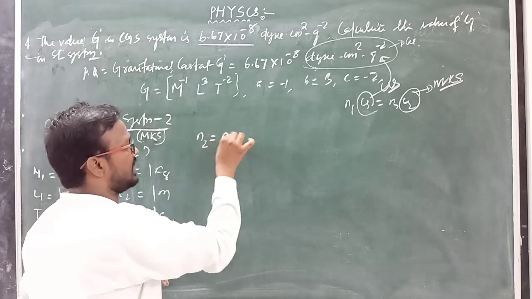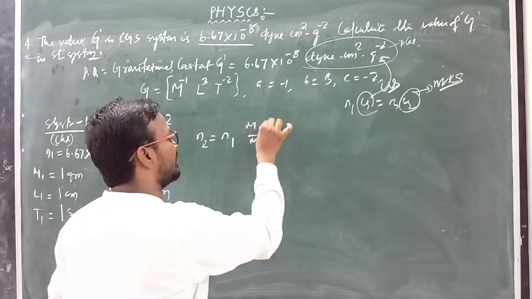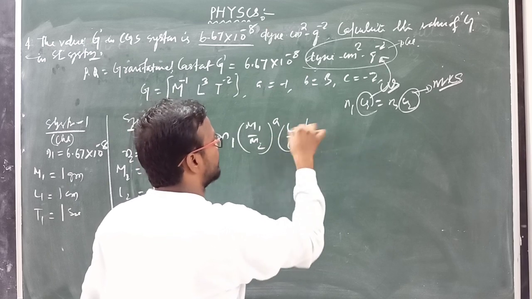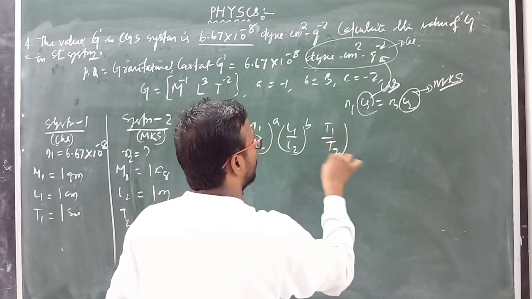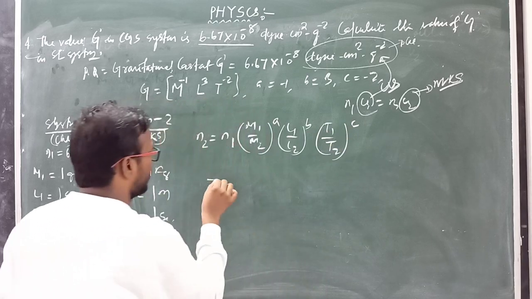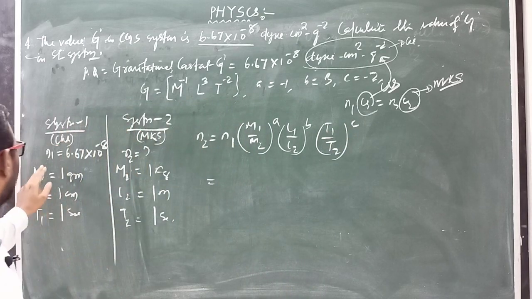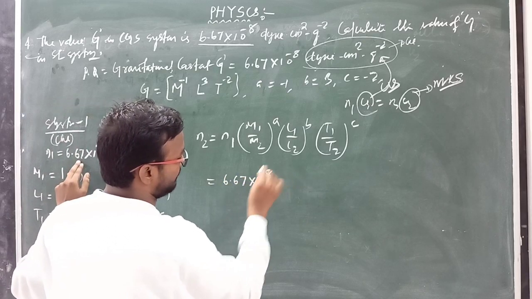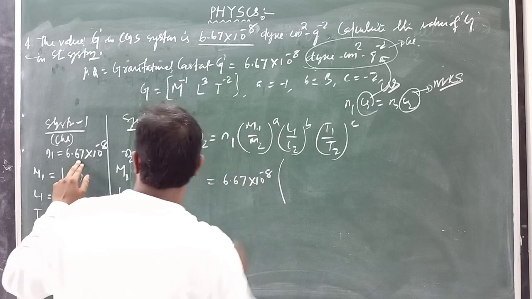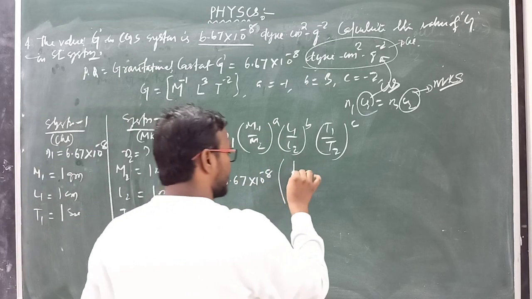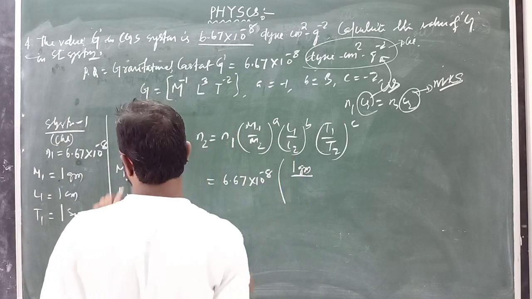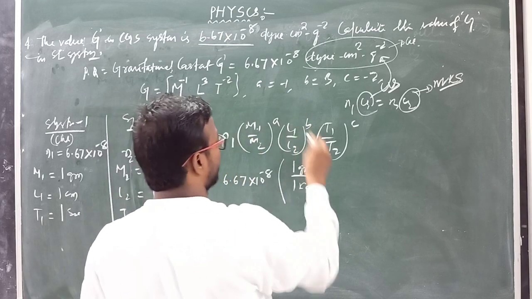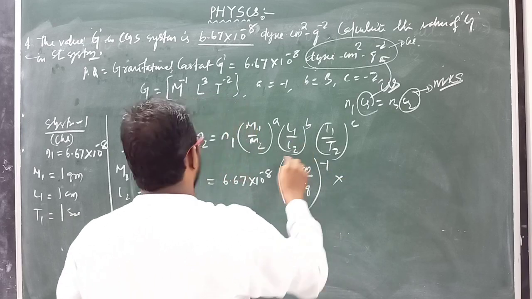Directly you can write the formula N1 (M1 by M2) to the power A, (L1 by L2) to the power B, and (T1 by T2) to the power C. So here N1 is 6.67 into 10 to the power minus 8, M1 is 1 gram, so you can write 1 gram divided by M2, 1 kg, to the power minus 1, into L1 by L2.